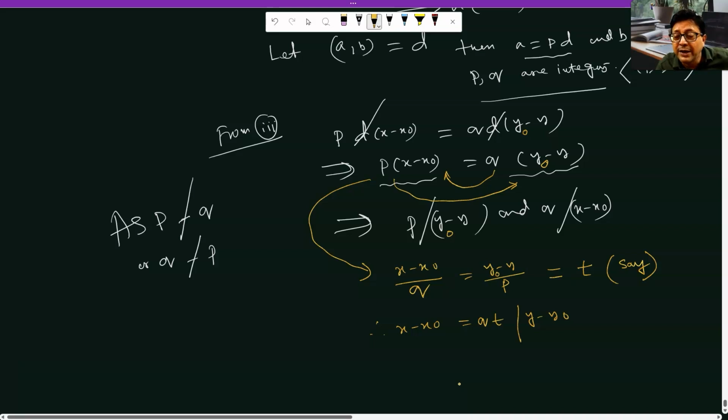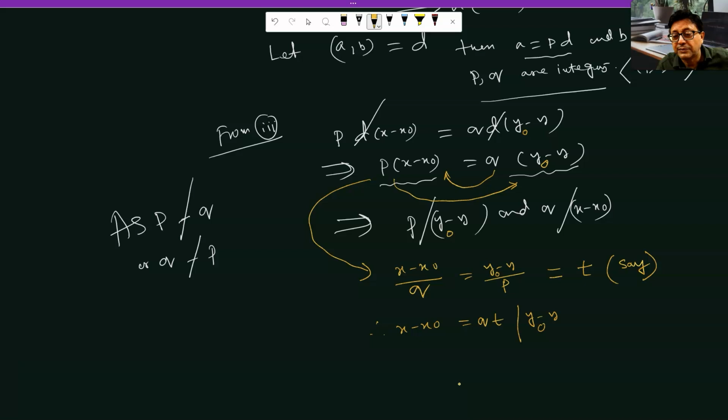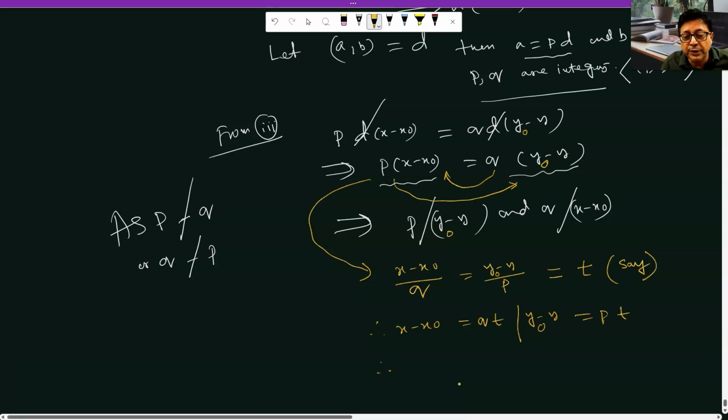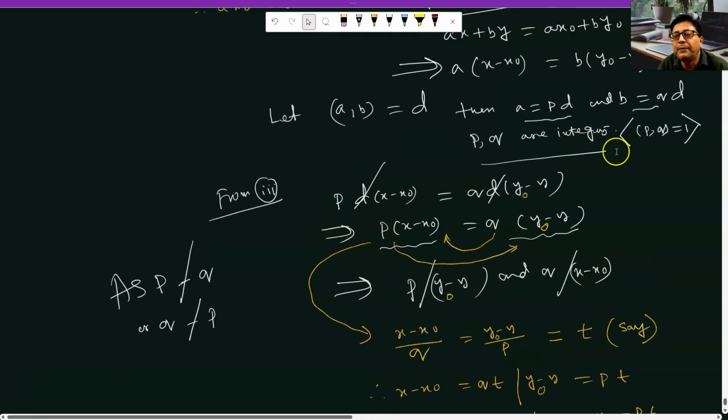So y0 minus y equals p times t. Therefore, x equals x0 plus qt and y equals y0 minus pt. Clear?